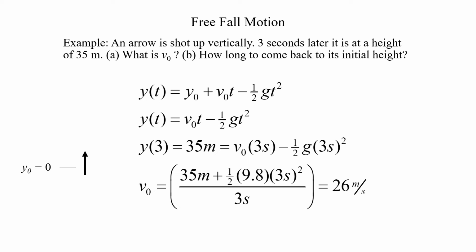We're calling our initial position 0, so the y naught term is 0. Then we put in the 3 seconds for t, and y was given as 35 meters. So we have 35 meters equals v naught times 3 seconds minus 1/2 g times 3 seconds squared. Then we solve for v naught, and we get 26 meters per second.